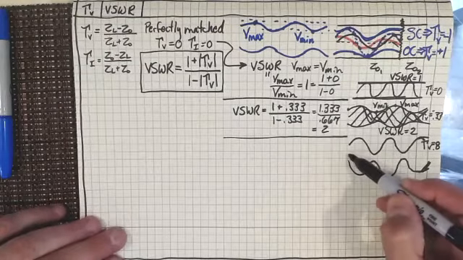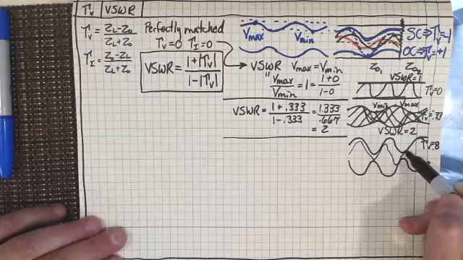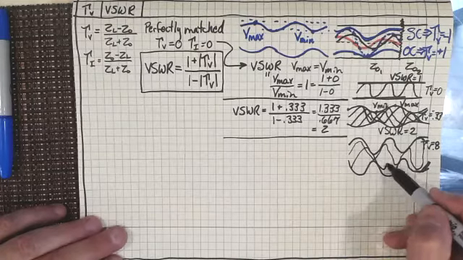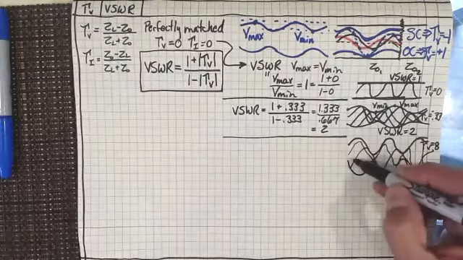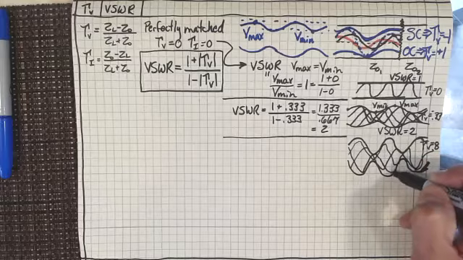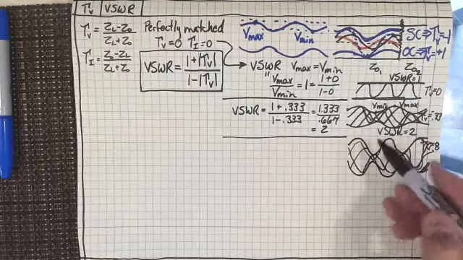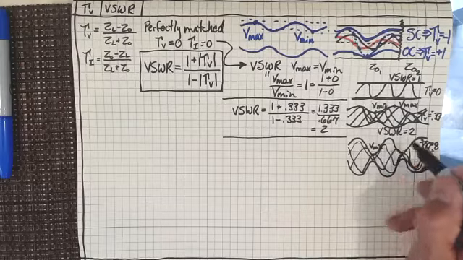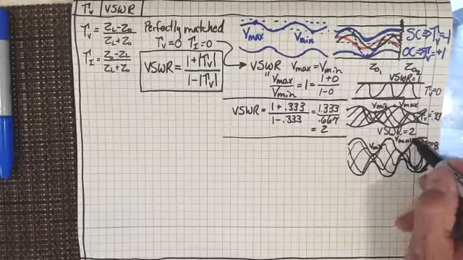And of course, inside here, we would have a lot of different waveforms going and filling out that envelope, back and forth. This would now be my V min, and this would be my V max.